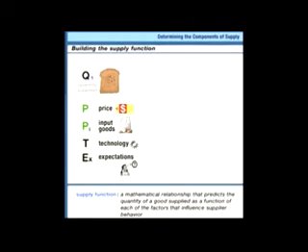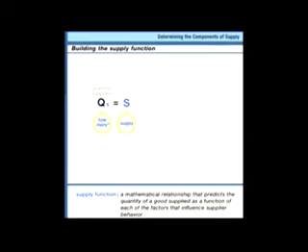We want to now describe the quantity of bread supplied as a function, and I'm going to use for my function the letter S, my blue S, to be supply. So I'm going to have a function called a supply function, and the quantity of bread supplied depends on all of these variables: the price that we can charge for a loaf of bread, the price that we have to pay for milk and eggs and other inputs, the technology, that is, how effectively we can turn inputs into output, and finally the expectation of future prices.